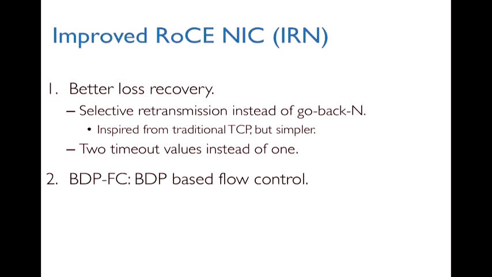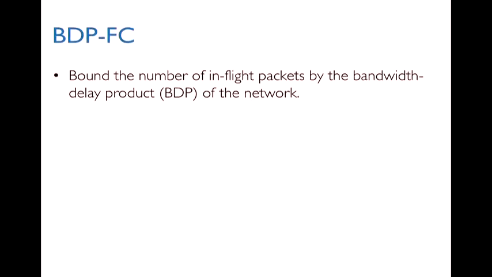The second change that we make with IRN is what we call BDP-FC, or BDP-based flow control, where we bound the number of packets in flight by the bandwidth-delay product, or the BDP, of the network. This BDP is a static value that is computed based on some estimate of the longest propagation delay in the longest path of the network and the link bandwidths. This again is not something very new. It has been proposed and used in prior schemes before.